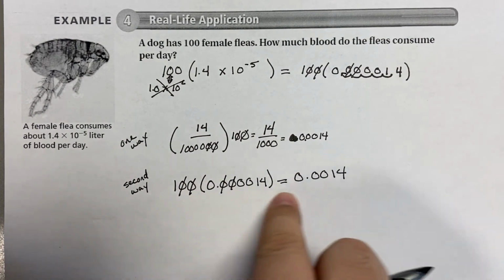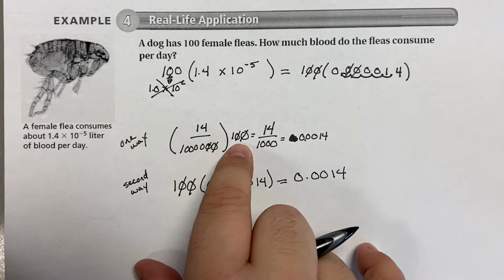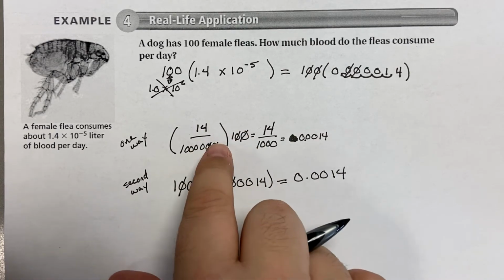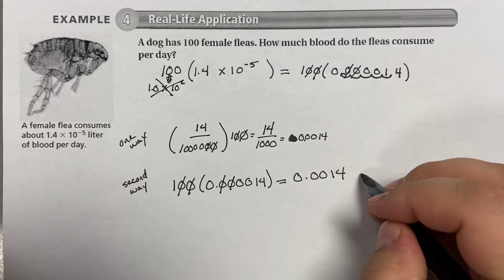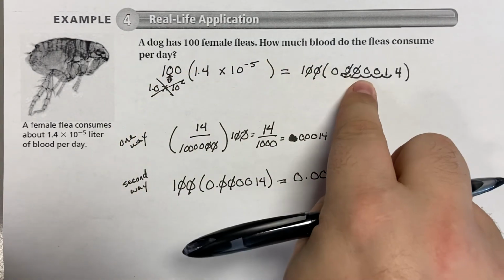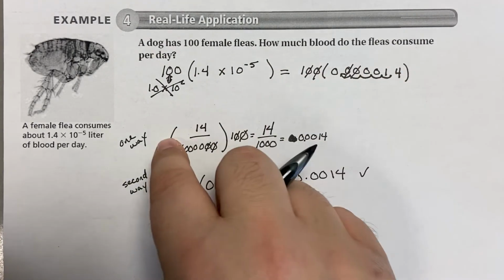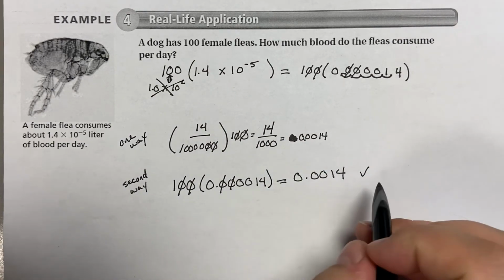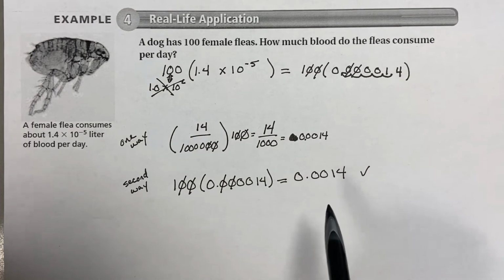So whether I multiply in decimal or I multiply in fractions, I can use the same method for multiplying by tens to cancel out some zeros and get the same answer. I kind of like this one because we were able to convert it directly into decimal, so we keep it in decimal. I don't have to worry about putting it into fraction and taking it back into decimal. So this can be our final answer.